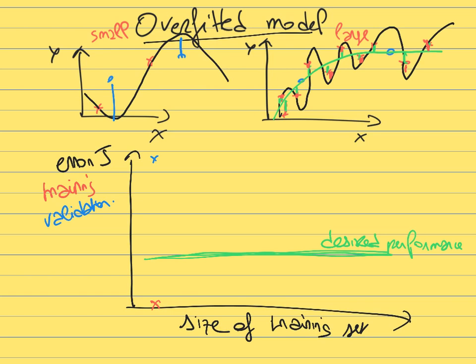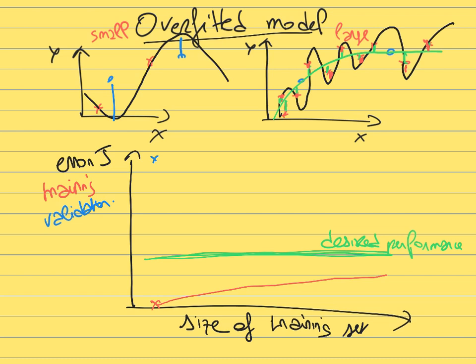The error for the training set is still going to increase, because it becomes harder and harder for the model to go through each point of the training set, but it's going to increase slowly like this, and the error of the model will remain lower than the desired performance.